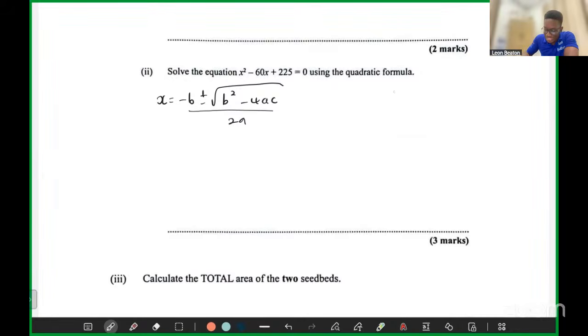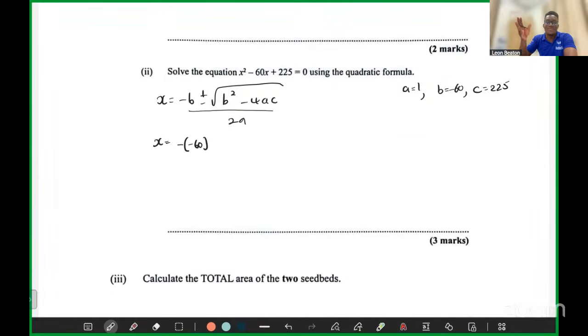So let's identify what is a, b, and c for us. This will help you. So a we see is 1, b is negative 60, and c is 225. So let's do our substitution now. So they told us x will be equal to negative b, and we see b is negative 60. So it's negative, negative 60. Don't just think, oh, because a negative is here, I won't put in the negative 60.